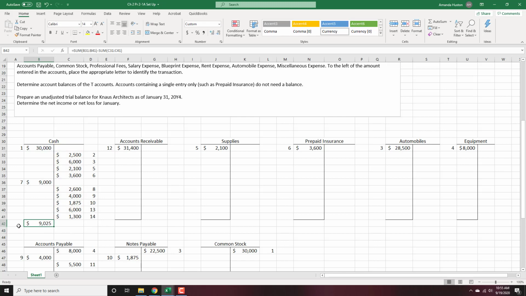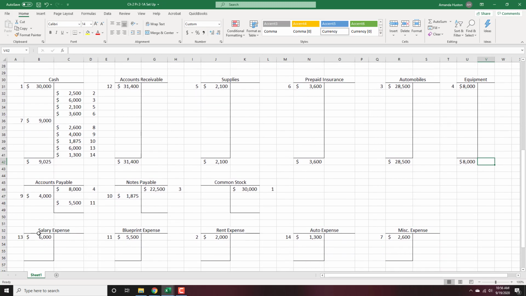So that means we have a positive cash balance of $9,025 at the end of the month. Now, accounts receivable, nothing else happened, so we can just put the balance down there, right? Nothing else happened to supplies. Just move the balance right down to the bottom. Or prepaid insurance. Only one transaction, so we don't really need to do any adding or subtracting, right?